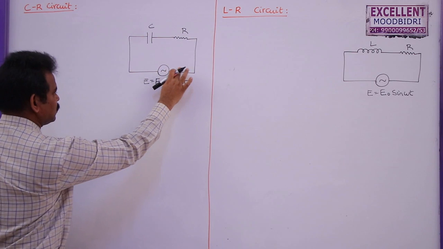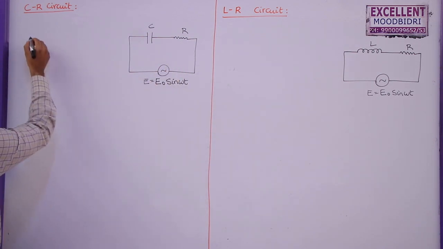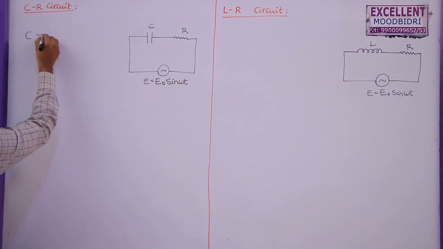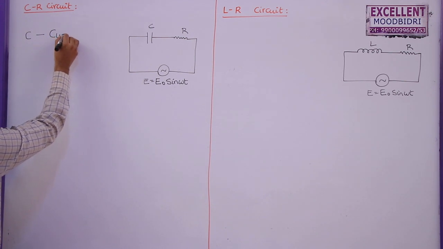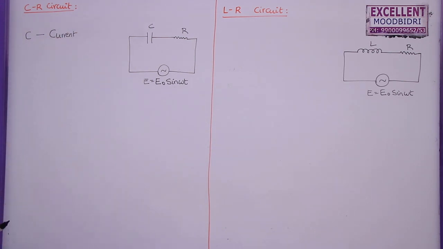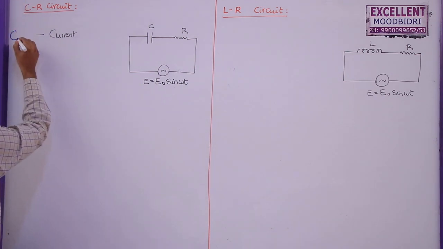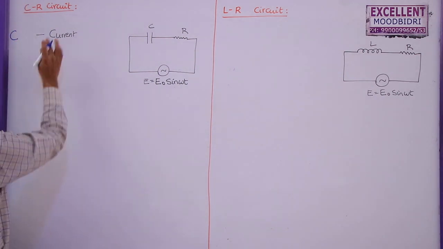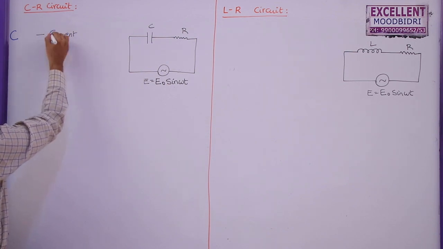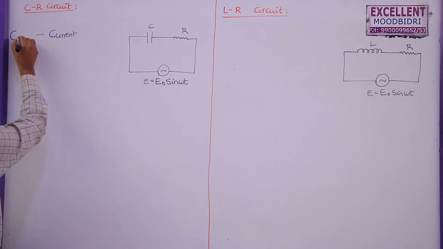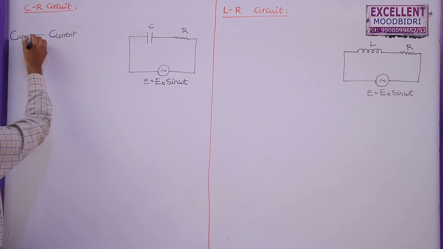In this case, we know that in a pure capacitor circuit, the current always leads the EMF.